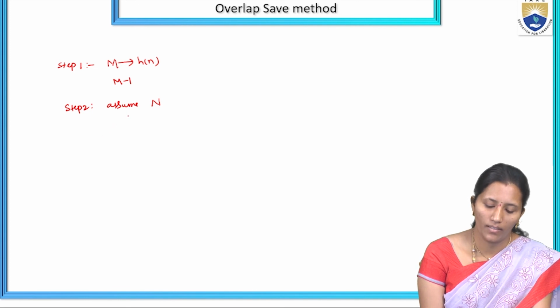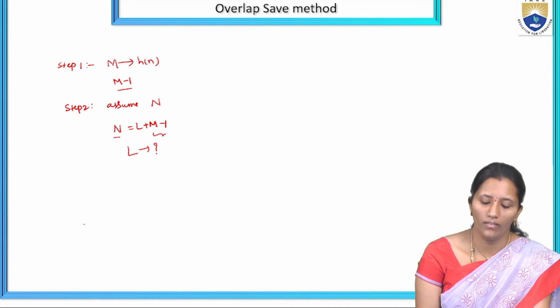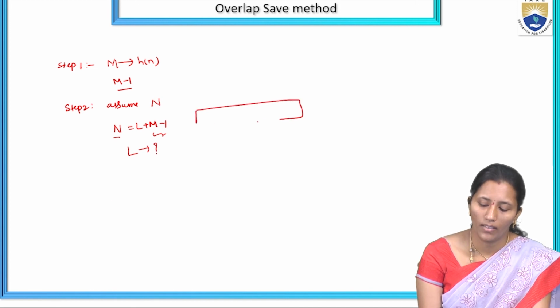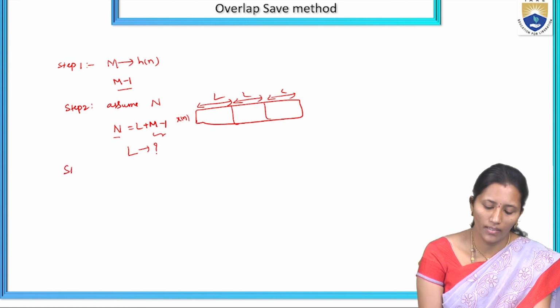N we know is L plus M-1. So M-1 we got from the impulse response length, and N we are assuming. From that we have to find the L value. L is nothing but, from the long duration sequence, we have to mark L bits.